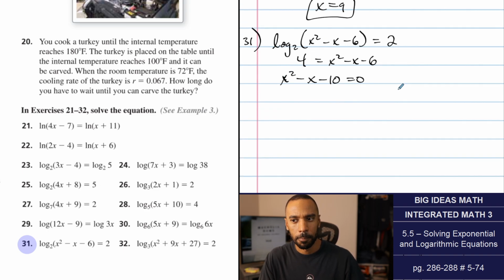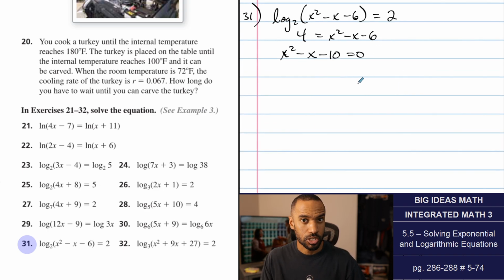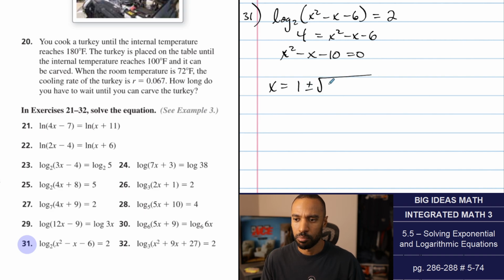Not factorable. Well, we have the quadratic formula to rely on for these ones, and we might have to round our answers and just make sure that all is good. Instead of the discriminant, I'll go straight into it. x equals negative b, which is 1, plus or minus the square root of b squared minus 4ac, all divided by 2a.